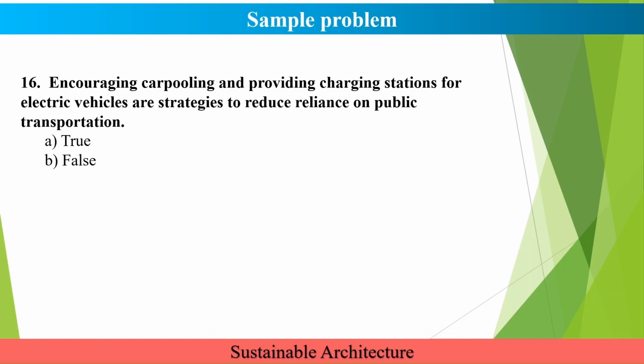As far as this course is concerned, it is false, and the right answer is false only. Whenever you are talking about sustainable architecture, these sorts of practices are not prevalent. Encouraging carpooling or providing charging stations for electric vehicles are strategies designed to reduce the reliance on private vehicles and promote the use of public transportation.